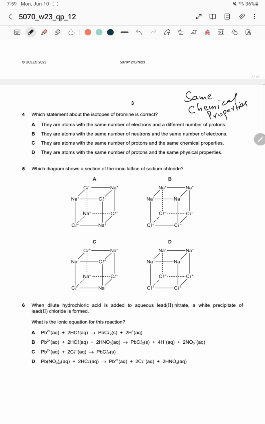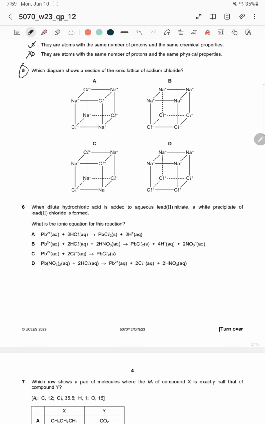So see option A, they are atoms with the same number of electrons and different number of protons. That is incorrect. B, they are atoms with the same number of neutrons. No. C, they are atoms with same number of protons and the same chemical properties. Yes. D, they are atoms with the same number of protons, same physical properties. So C is the correct option.